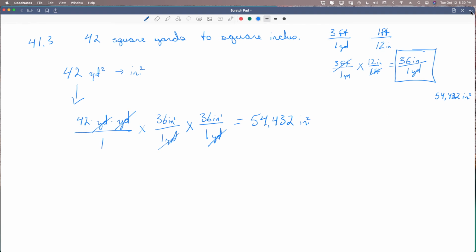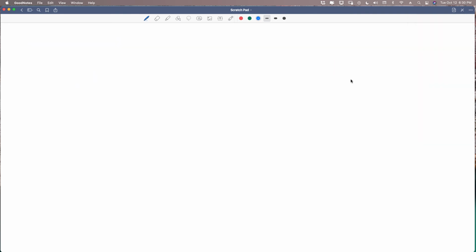We have one more. We have 41.4. And we are going to use unit multipliers to convert 16 cubic miles to cubic feet, and then to cubic inches.